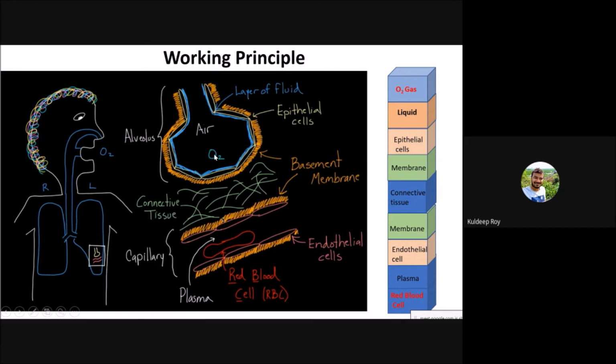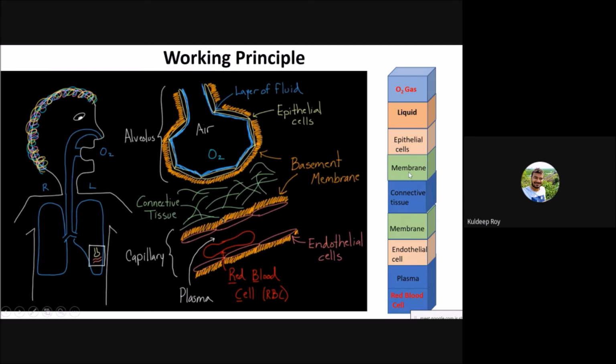oxygen is flowing. As I already told, when oxygen enters here, there will be fluid. I have written it as a liquid layer of fluid, one resistance. Second will be your epithelial cell. These are the epithelial cells. Oxygen has to cross this region.